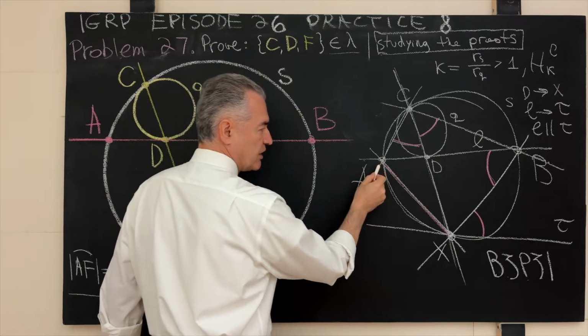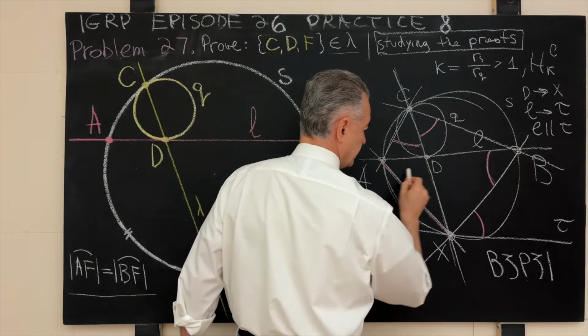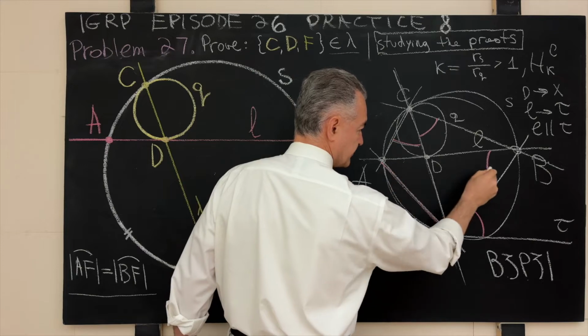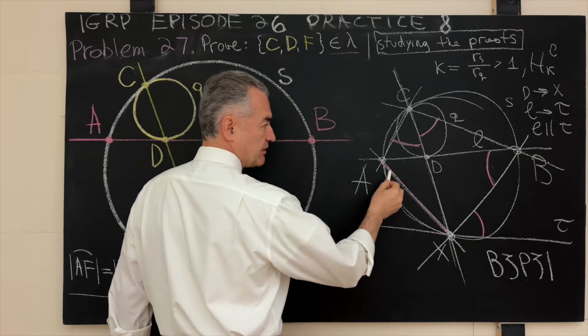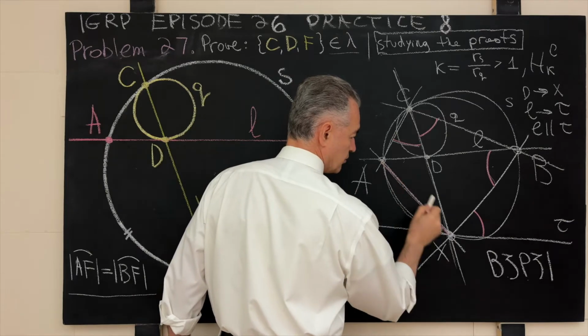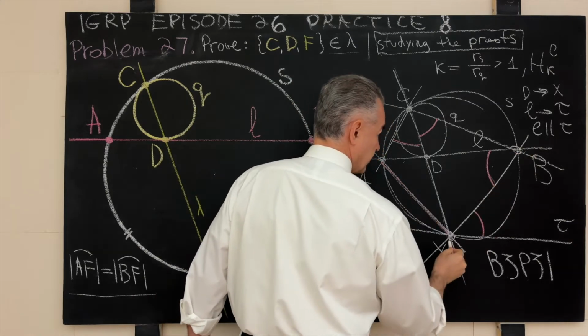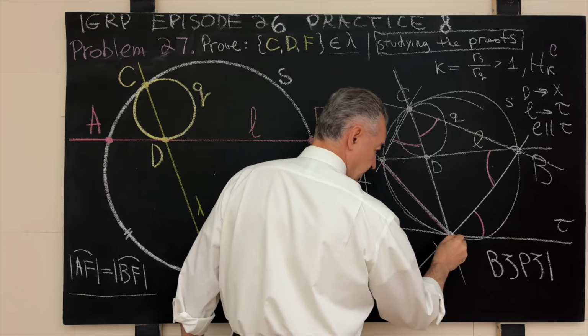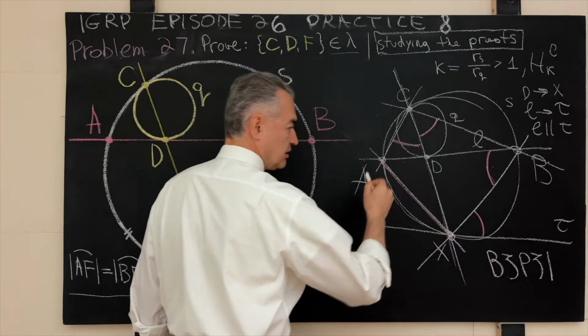And we have our triangle AXB. If we can prove that this angle right here is the same as this, then the corresponding triangle will be isosceles. So the distance XA will be the distance XB. Correspondingly, the point X will sit exactly in the dead middle of the arc AB.